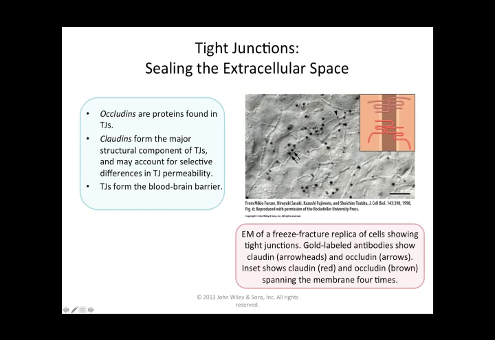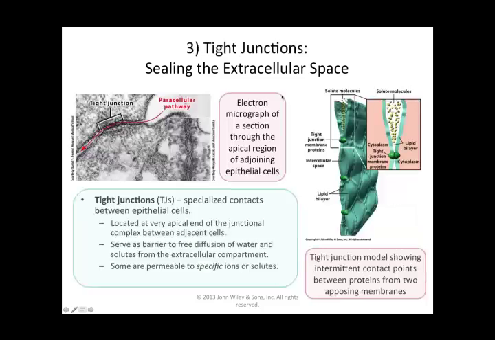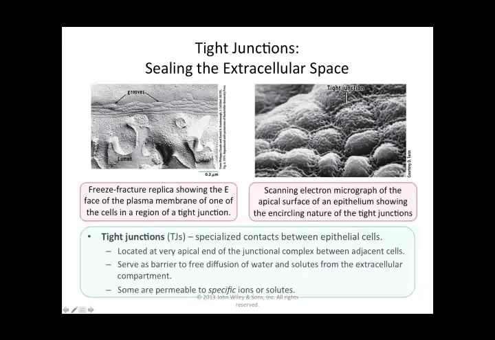They're created by interactions between claudins and occludins, so these are transmembrane proteins expressed on the outside of the cell that bind to one another. If there are mutations in here, or disruption of these interactions, these are going to come apart, and then you're no longer going to have that sealed space. And this is just a nice image of what a tight junction looks like.